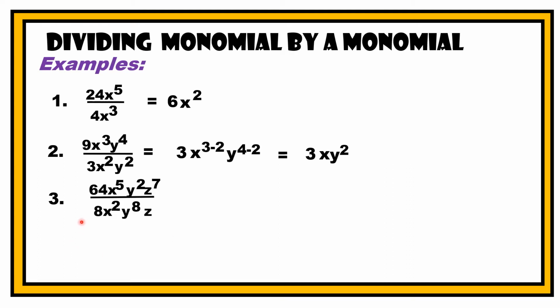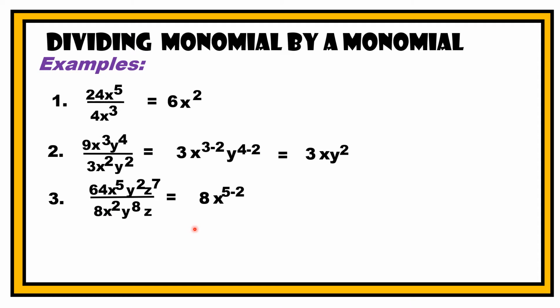Number 3. 64x raised to the fifth power y squared z raised to the seventh power divided by 8x squared y raised to the eighth power z. So again, divide muna natin yung numerical coefficient, then apply natin ang law of exponent. 64 divided by 8 is equal to 8.